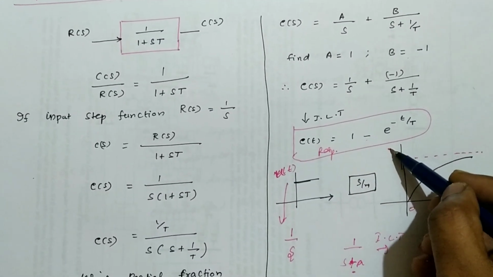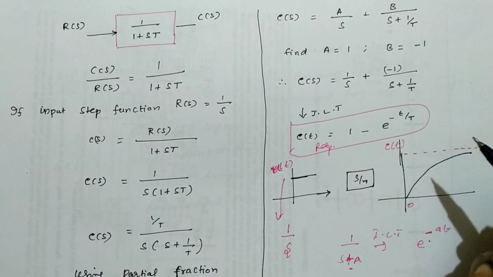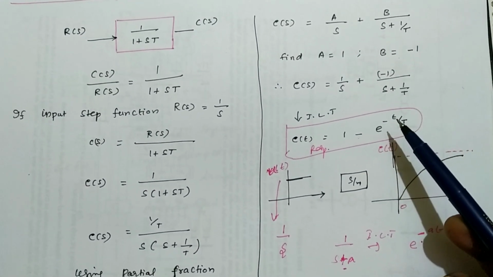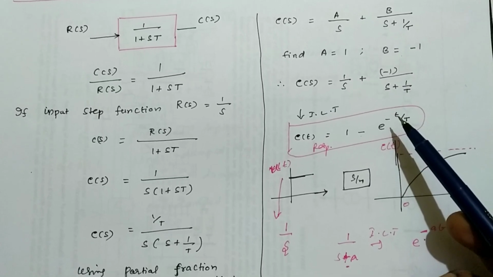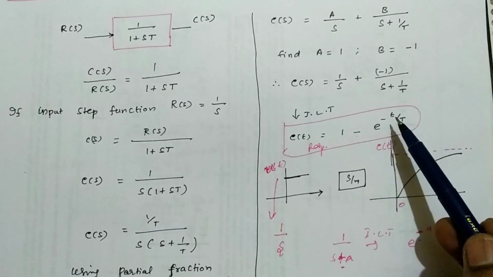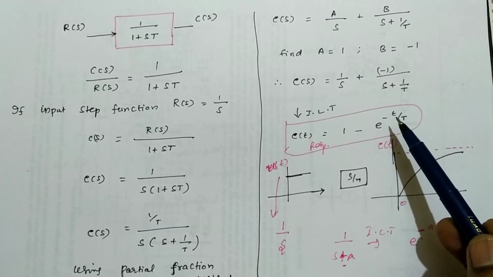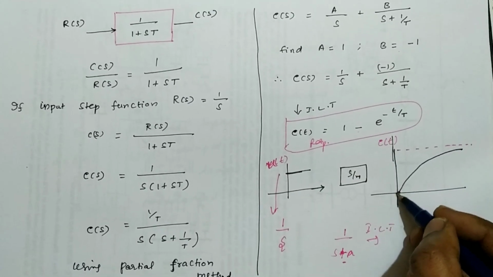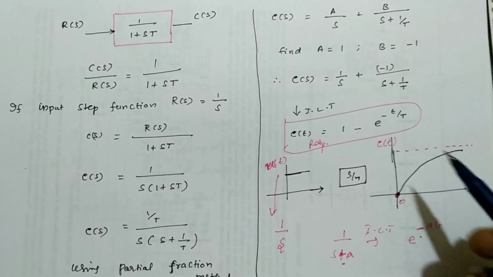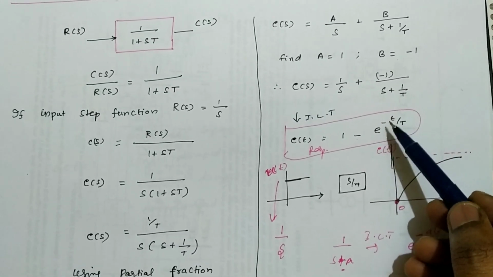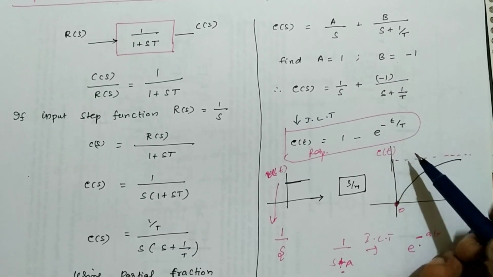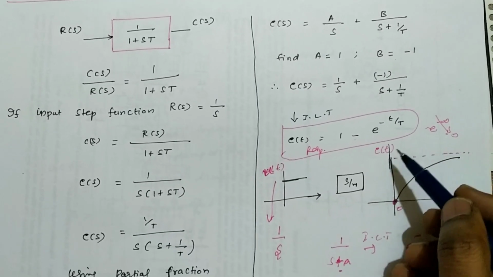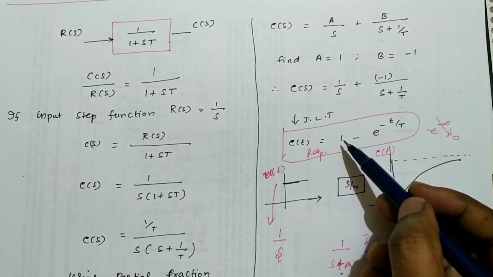So this is the response graph, C of t equals this. When we substitute t equal to 0, e power 0 is 1, so 1 minus 1 is 0. When t is equal to 0, the function value C of t is 0. When t is equal to infinity, e power minus infinity is 0, so the function value is 1.